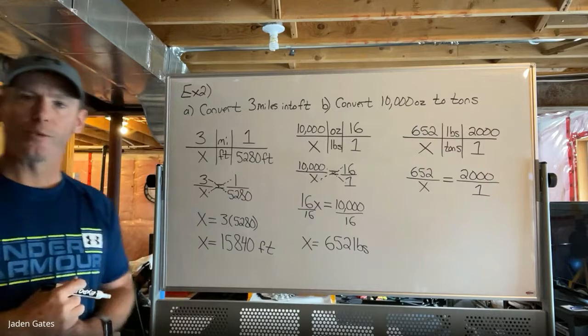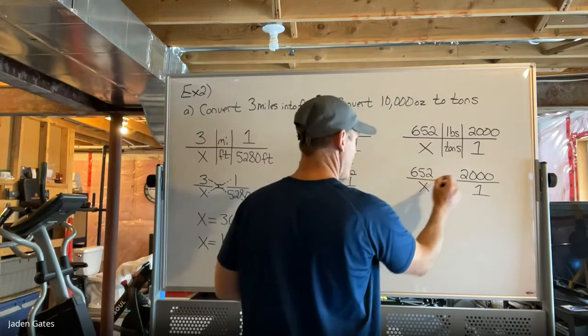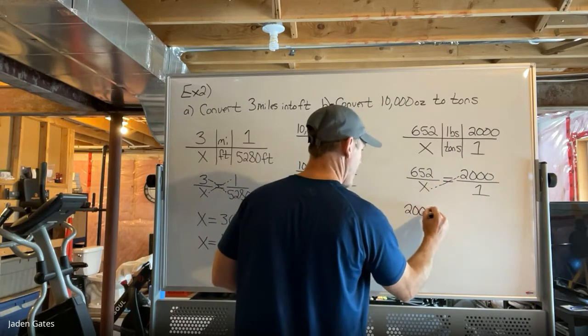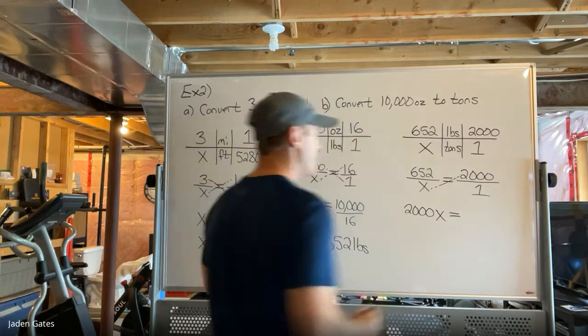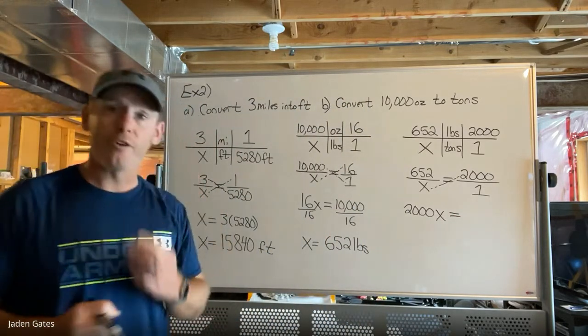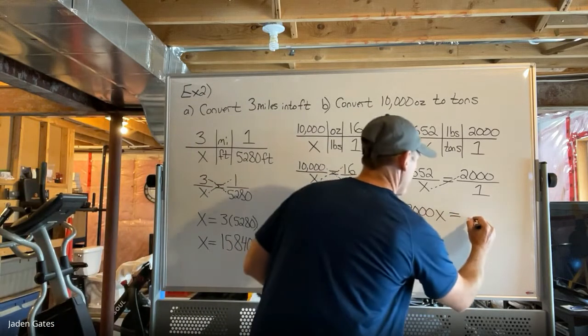Okay, and just as we've done before, I'm going to cross multiply. And so I have 2,000 times x. Well, that's going to be a 2,000x. That's equal to the other part of the cross multiplying, which is my 652 times 1. Well, anything times 1 is just itself.